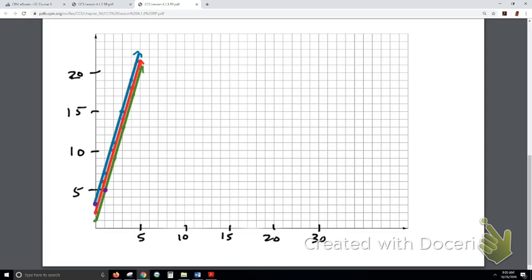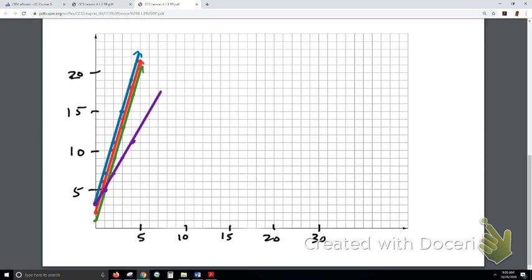Third point is (2, 7). And then (3, 9). Fourth is (4, 11). So if I were to connect the dots here, this is actually poor spacing. I don't know why I did it like this. I might have to go back and change the video. Oops.